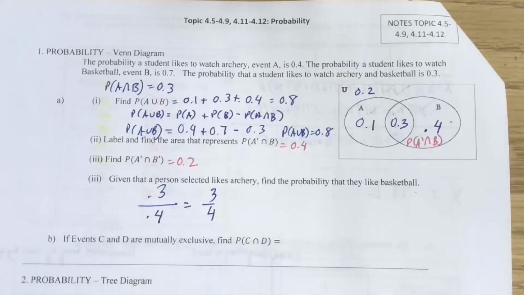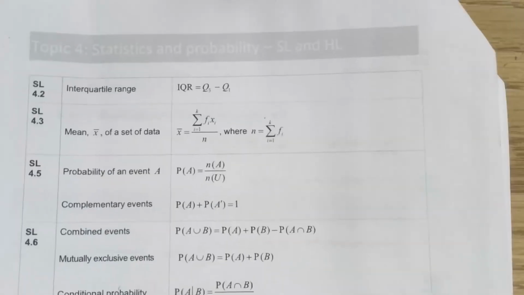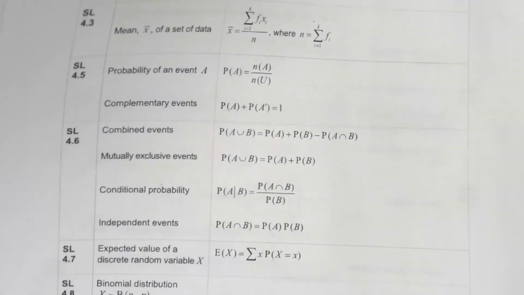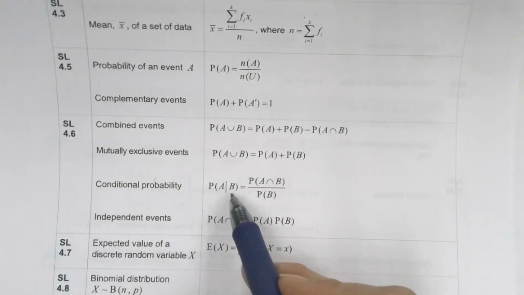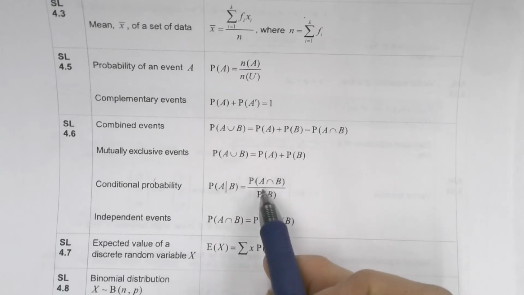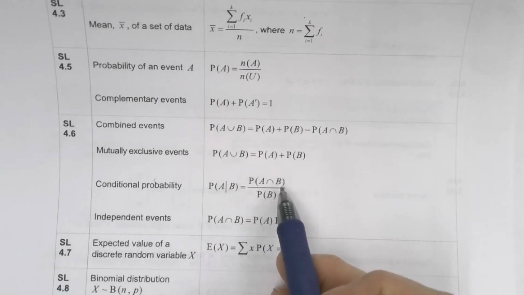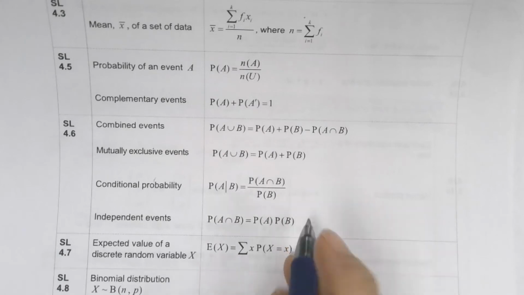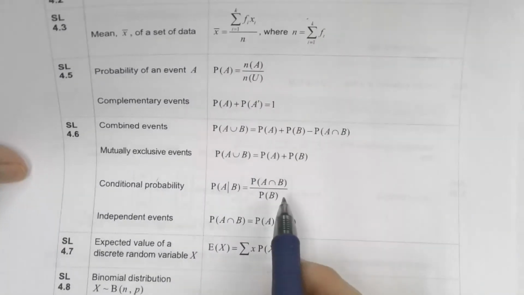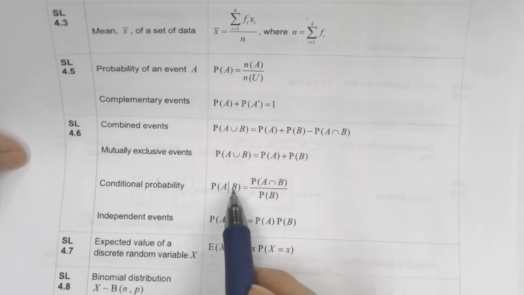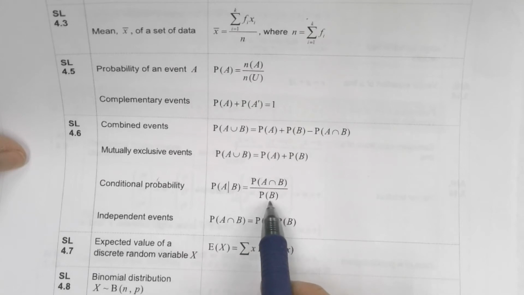The other way you can do this is you can use your conditional probability formula. And your conditional probability formula says, scoot that up a little bit, the probability of A given B, given that B has happened, is the probability of A and B divided by the probability of B. So when we are talking about the conditional probability, the second part, B, is your condition, and that is also the probability in your denominator.